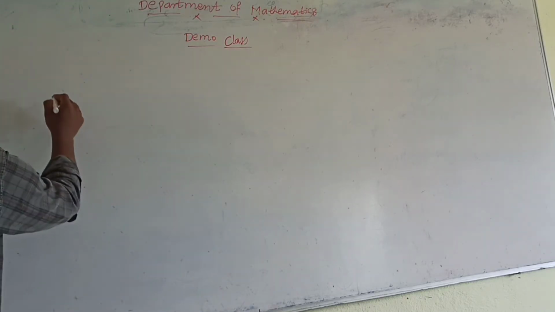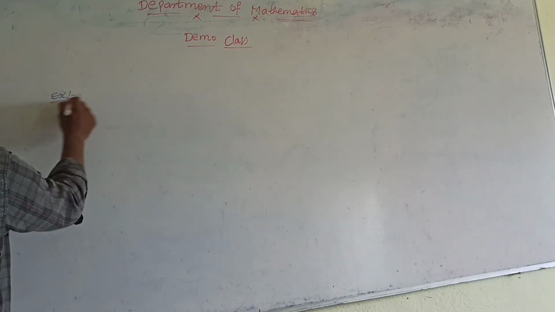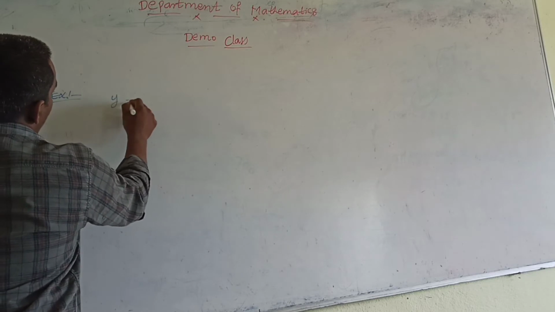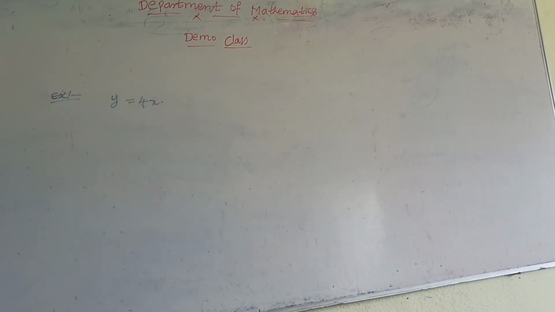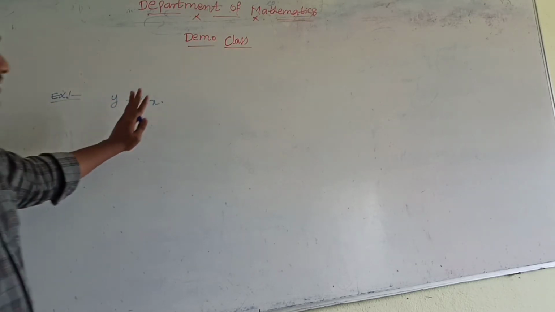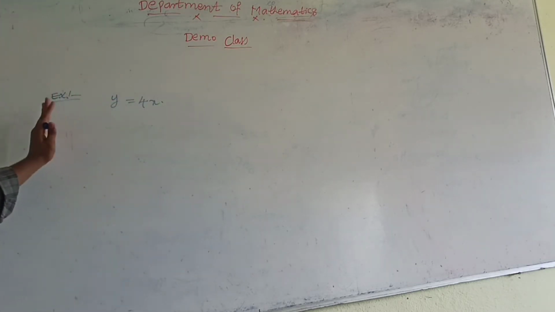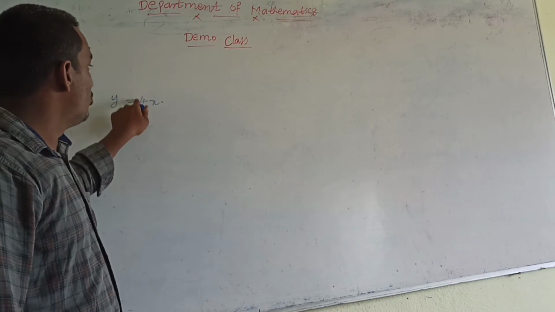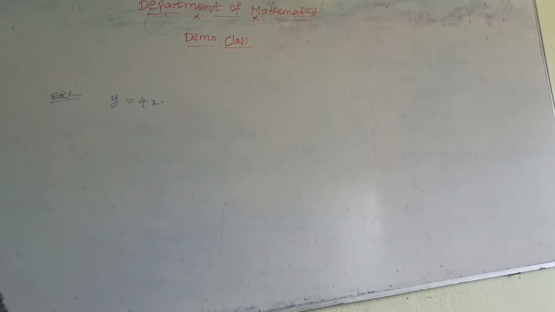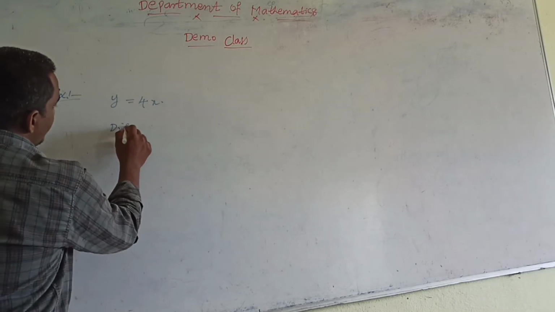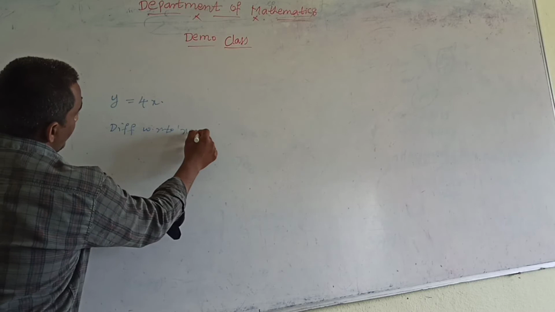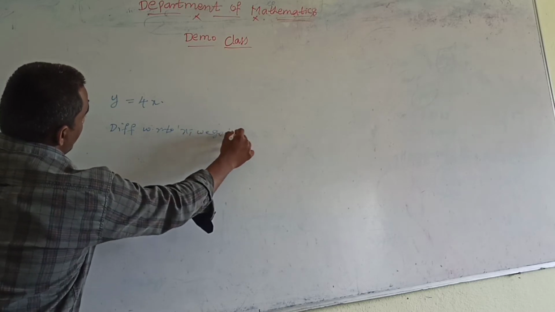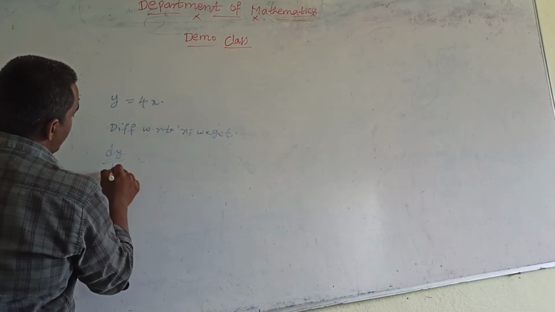See here, example: y is equal to 4x. By using differentiation, we have to remove this constant 4 and get the differential equation. I am differentiating with respect to x, we get dy by dx.